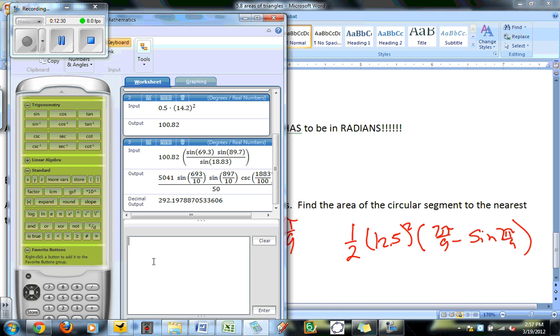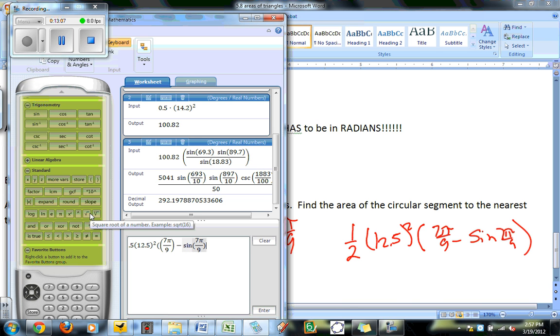So 0.5 times 12.5 squared times, I need parentheses because it's a fraction, 7 pi divided by 9, minus the sine of parentheses 7 pi divided by 9.